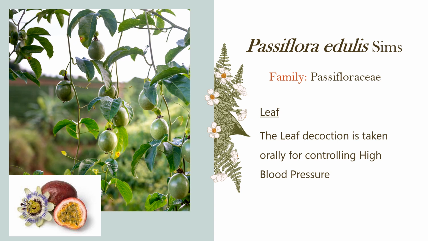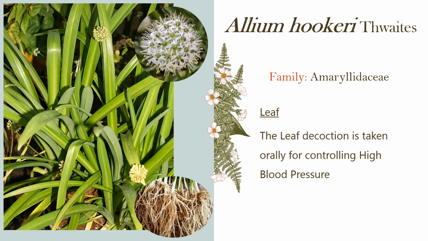So the first one here we will discuss is Passiflora edulis. Passiflora edulis is commonly known as the passion fruit, which is also a very delicious fruit. This comes under the family Passifloraceae. So the leaf is used in this case. So the leaf decoction is taken orally for controlling the high blood pressure.